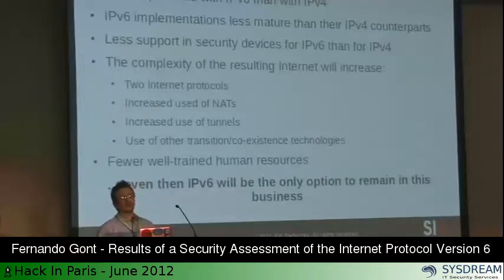In other cases, you will find that there is support for some features, but there is no parity of features between V4 and V6, so that you have much more functionality in V4 than in V6. And in some other cases, even when the features for both protocols may be similar, sometimes, for example, the IPv4 functionality is implemented in hardware, whereas the V6 functionality is implemented in software. So in terms of features, the functionality is essentially the same, but when it comes to performance, it's completely different. So that's another aspect to consider.